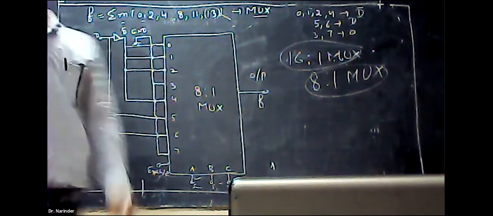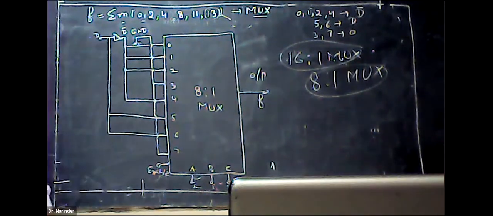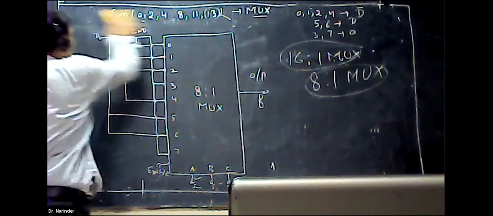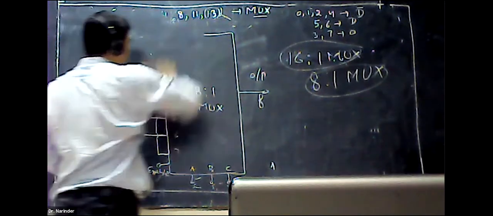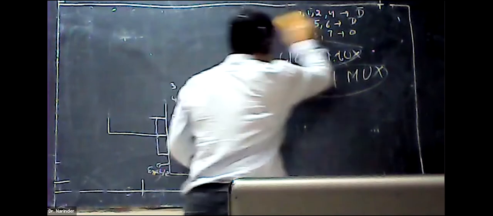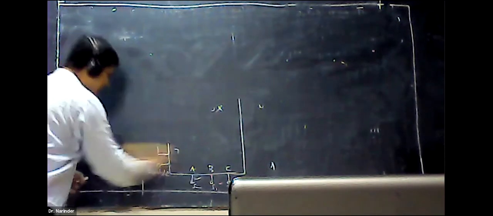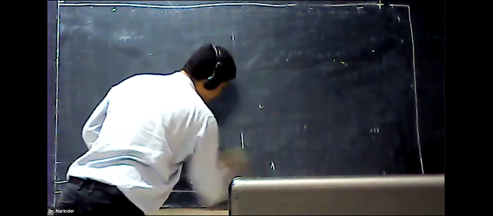Now we will move on to the demultiplexer. A demultiplexer is just the reverse of the multiplexer. A multiplexer is many to one.